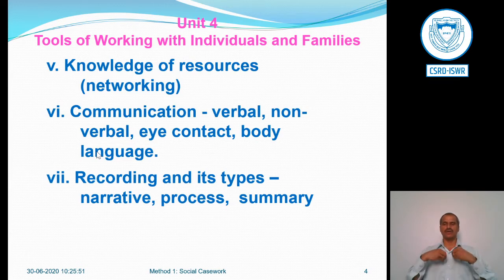What the caseworker talks and what he listens from the client. So this is the verbal communication. The caseworker should be very skillful in verbal communication. What to speak, when to speak, how much to speak. So this verbal communication is the one type, and primarily that is the main tool, verbal communication.